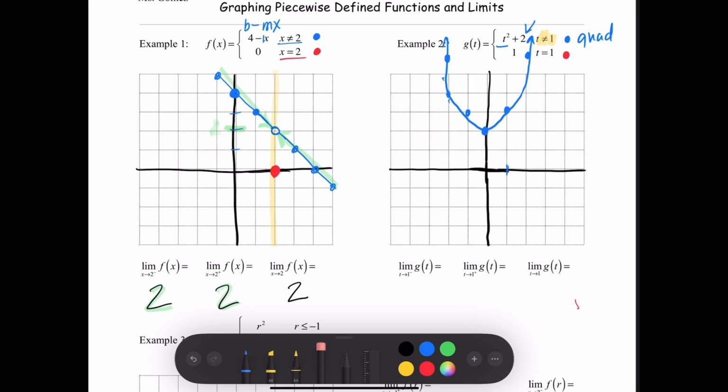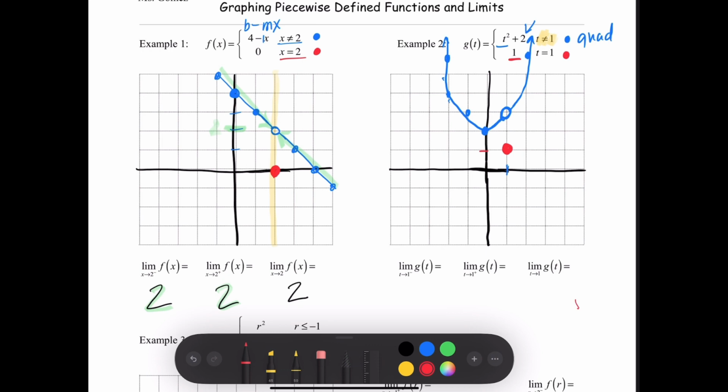And that means I'm going to have a hole in my function at that t value. So I'm going to create a hole in that spot, okay? Now, moving on to the next piece of my piecewise function, it tells me that when t is 1, I have a value of 1. So this is going to be my point, okay?